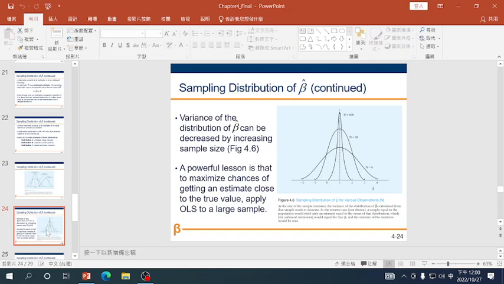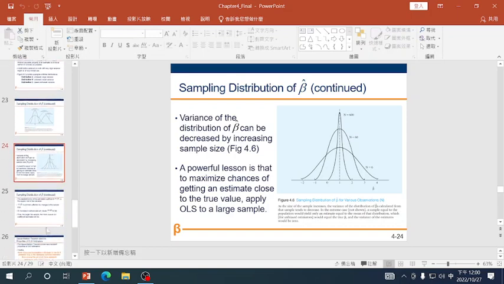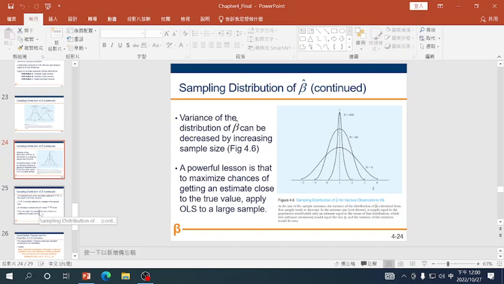So this is all about chapter 4. If you don't quite understand all those statistical concepts, never mind. See the diagram. If you can catch the information from the diagram, I think you catch the essence of chapter 4.